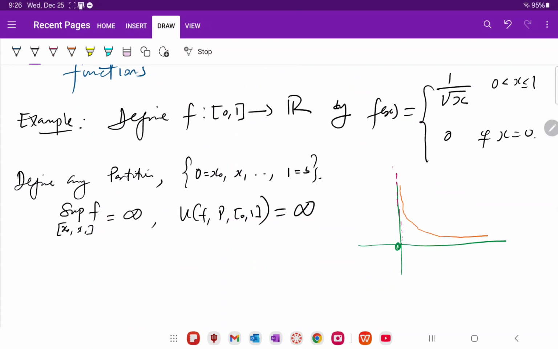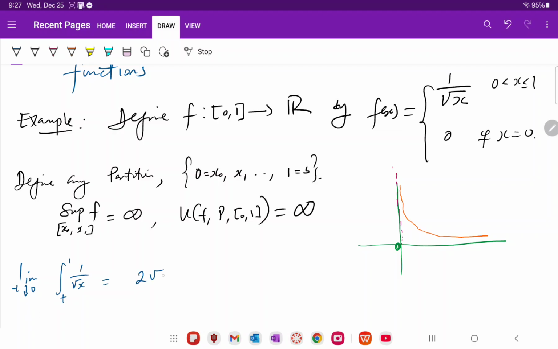But we know that by using an improper integral, we can integrate 1 over root x from t to 1 as t tends to 0. The function is not finite at 0, so we can make use of an improper integral.